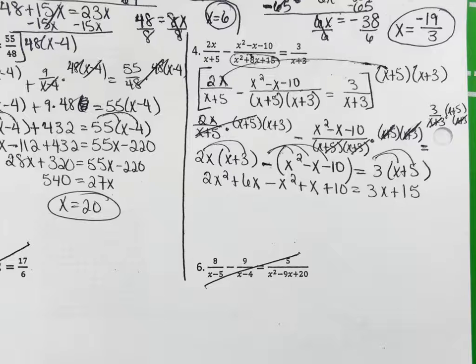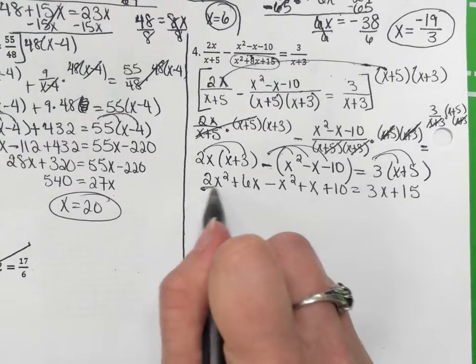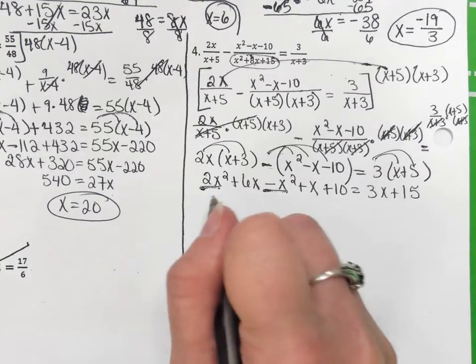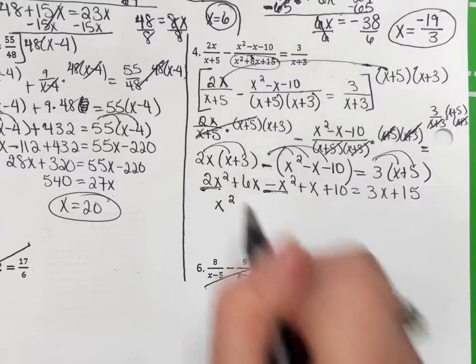Alright, there's a bunch of stuff we could do. Anybody see one thing we could do? There you go. Good. Alright, so 2x squared minus 1x squared is a positive 1x squared.